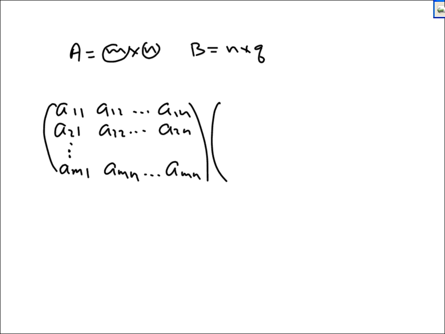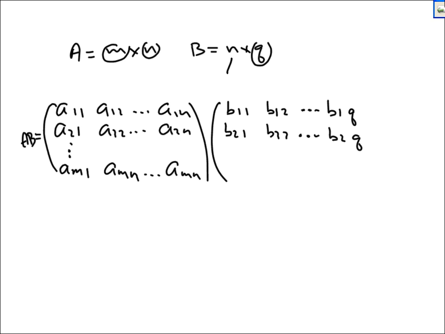And we're going to multiply matrix B. So let me in front write AB equals. Now, matrix B has q columns. So you have first row, first column, first row, second column, all the way up to the first row, the Qth column. And then you have the second row, first column, the second row, second column, all the way down to the second row, Qth column.